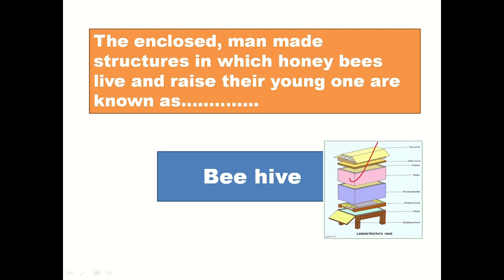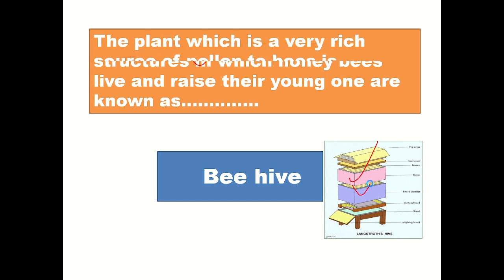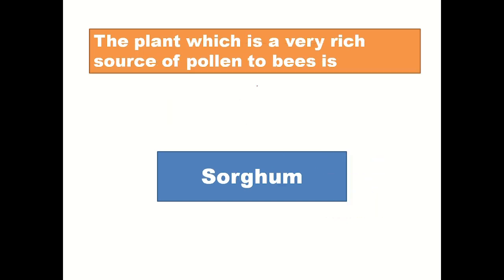The enclosed man-made structure in which honeybees live and raise their young ones is known as a beehive. The plant which is a very rich source of pollen to bees is sorghum.